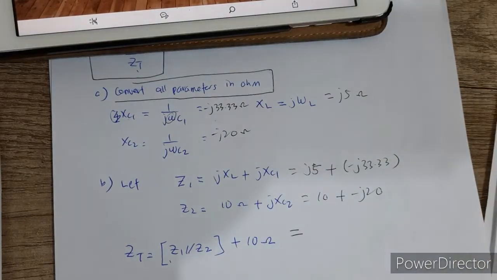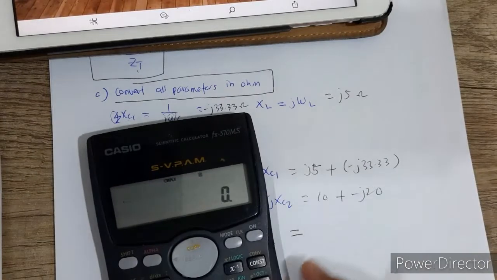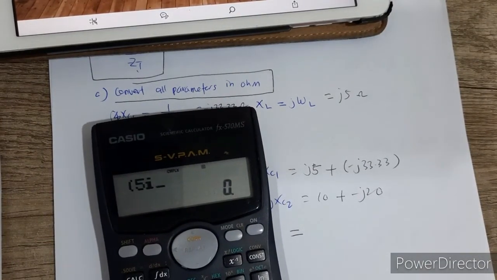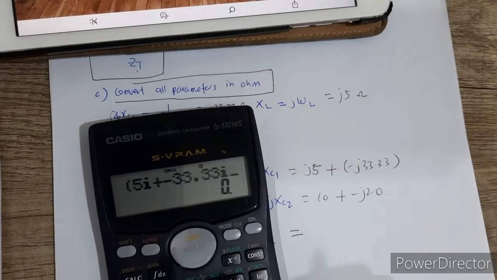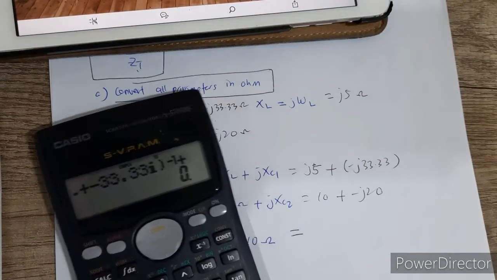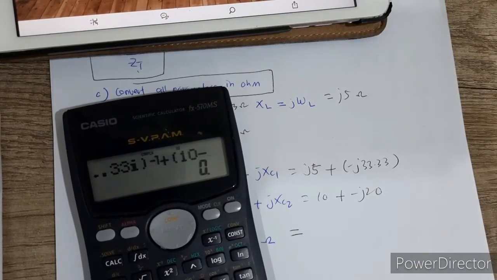As usual, you input in the calculator. For example, for j5, 5i plus negative 33.33i, and then parallel with, in bracket, 10 minus 20i.